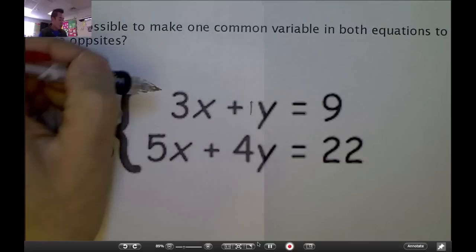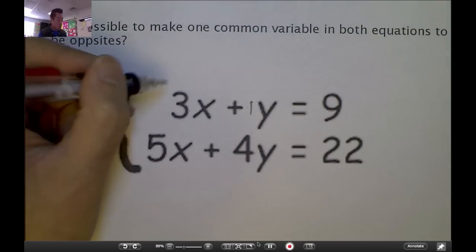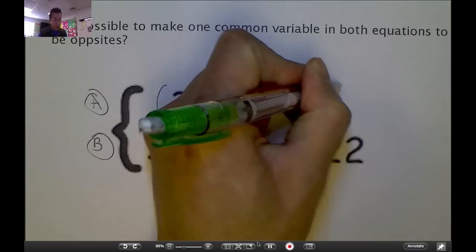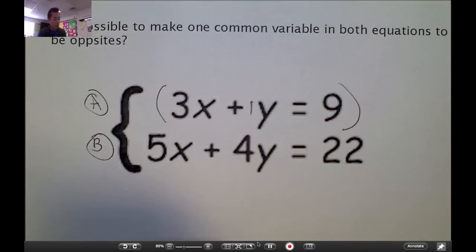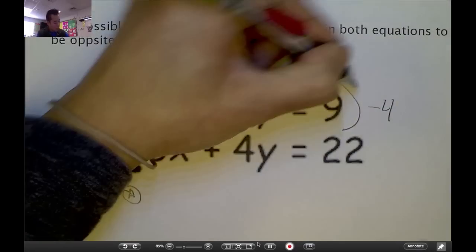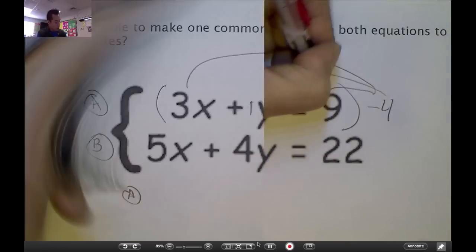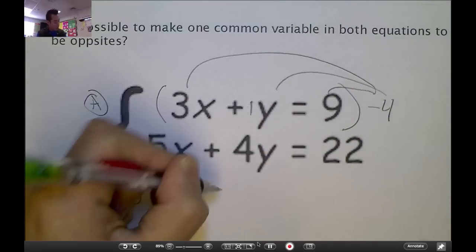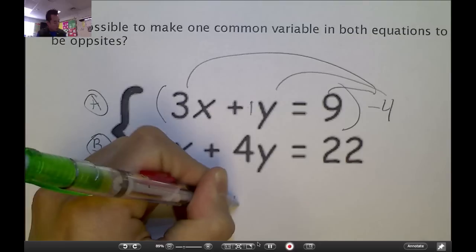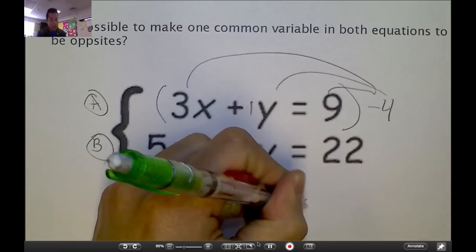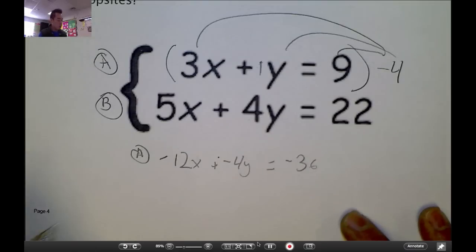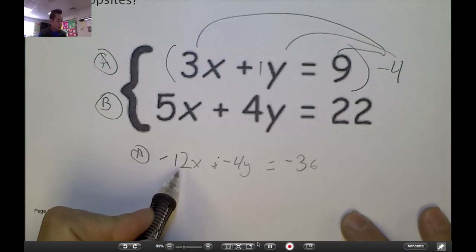Well, now we can. All we have to do is multiply this entire equation by -4. So then what happens is equation A becomes -12x plus -4y is equal to -36. Now, if I wanted to, I can factor out -4 from each of these.